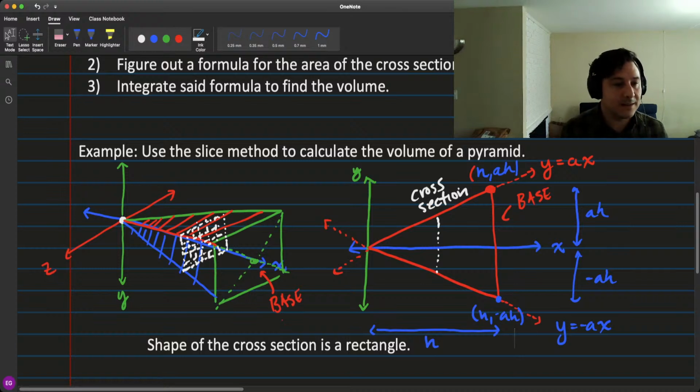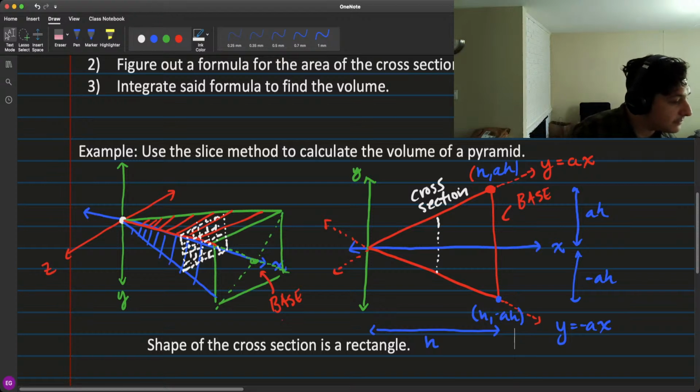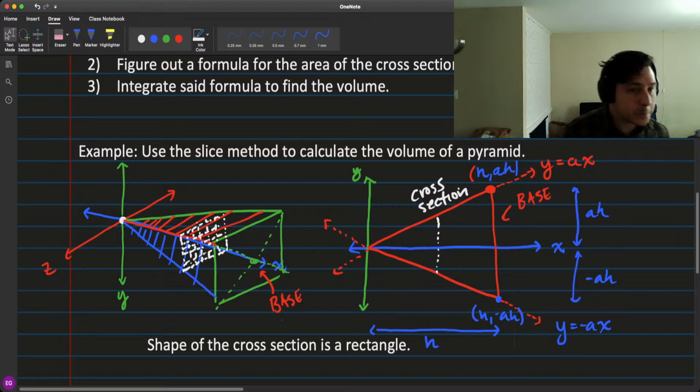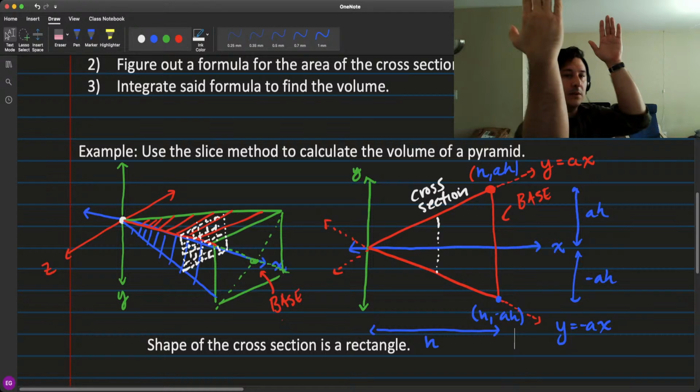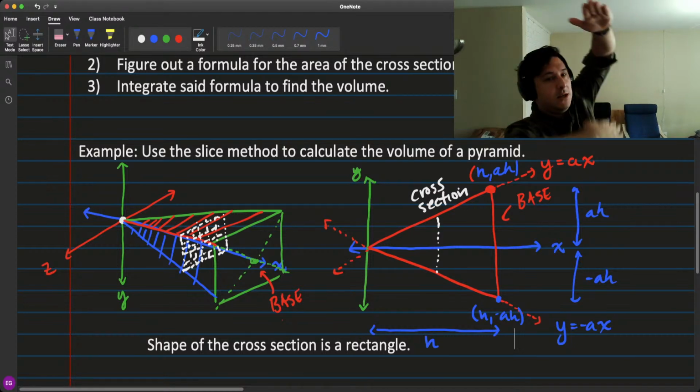If it's a rectangle, say that again. So you have these sides like this, and then you have those sides like this, right?